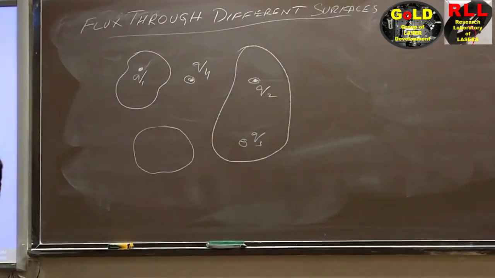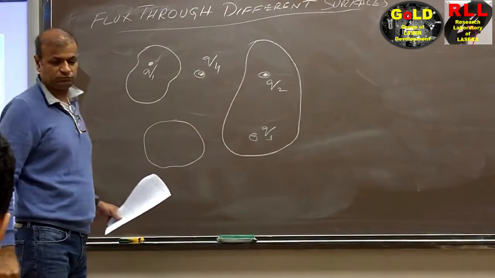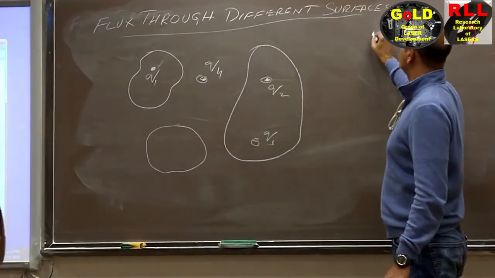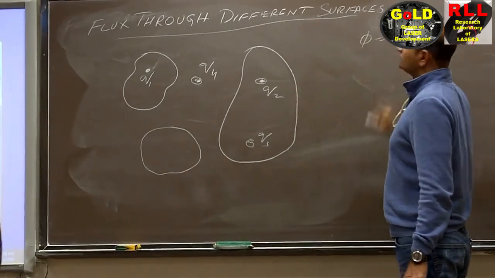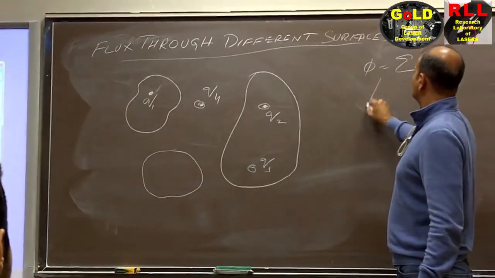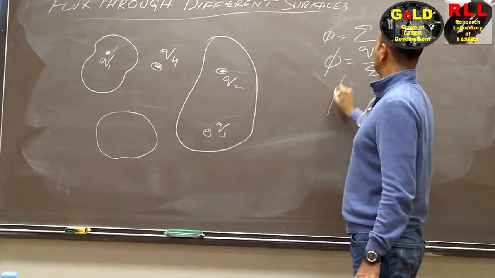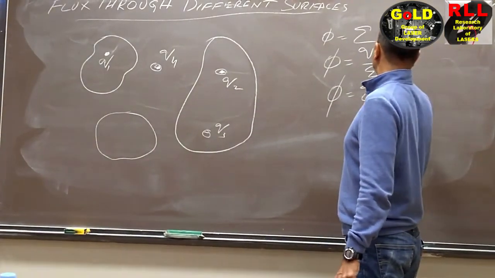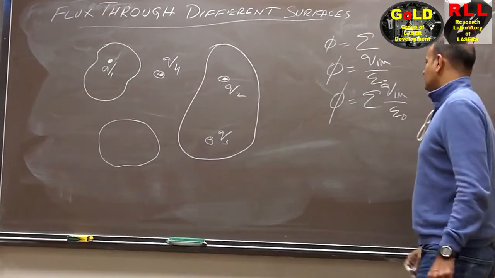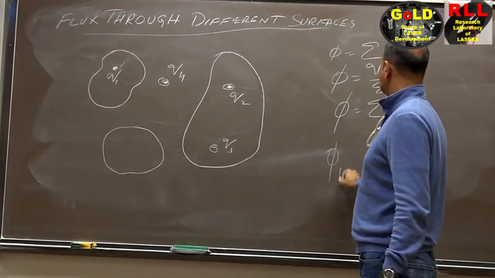So how will you find out the total flux here? We know that this is the formula. If you have many charges, you can apply the summation. Now you have to look at each surface.